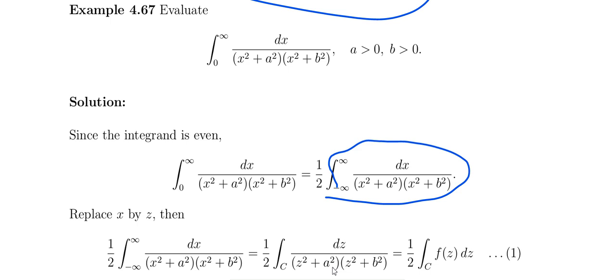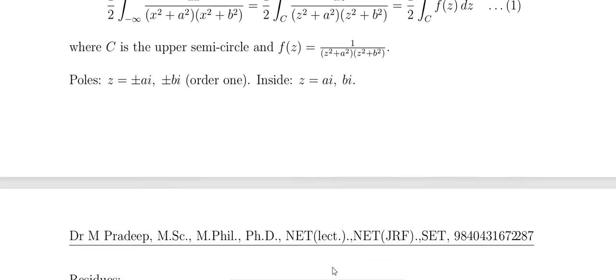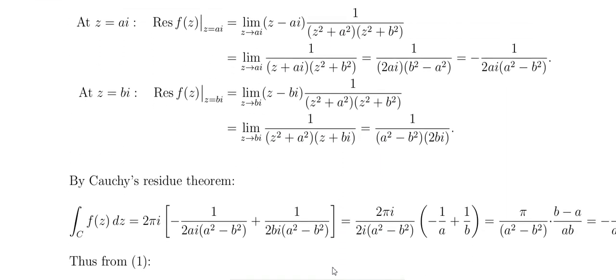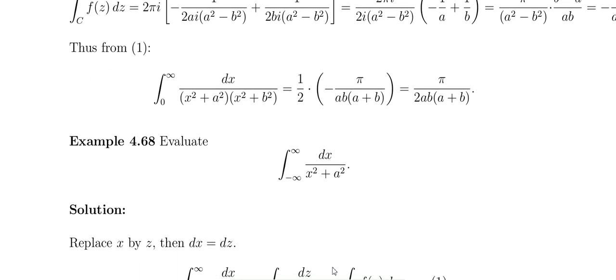This value can be evaluated for the semicircular region. So pi by 2ab into a plus b.